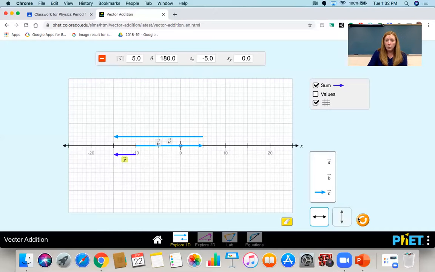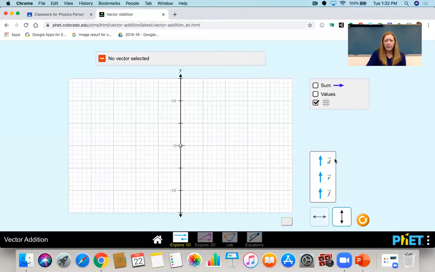Okay. We can do this with north and south too. If I wanted to change my axis a little bit, I could start at 0, and let's say I started at 0 and I walked negative 10. And then from there, I walked north, or positive 15.